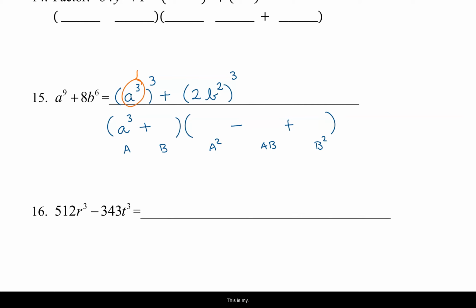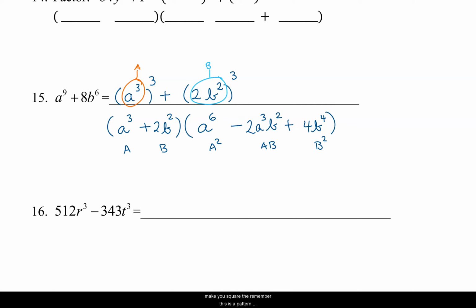So this is my a, this is my b. So a cubed plus 2b squared. A squared, I have a to the 6th. B squared is 4b to the 4th. And in the middle, multiplying them together, 2a cubed b squared.